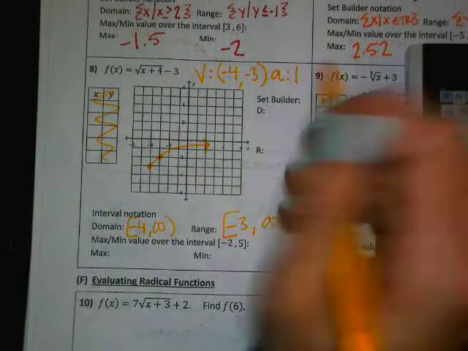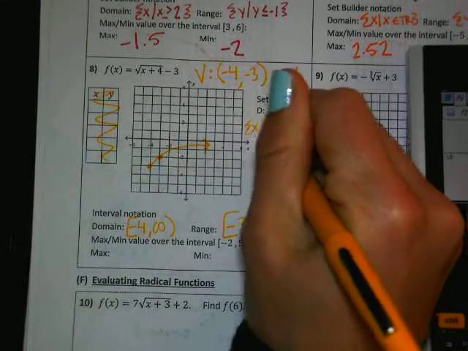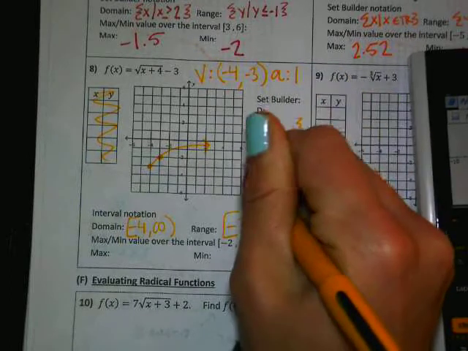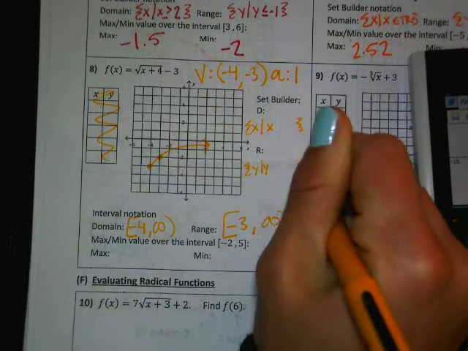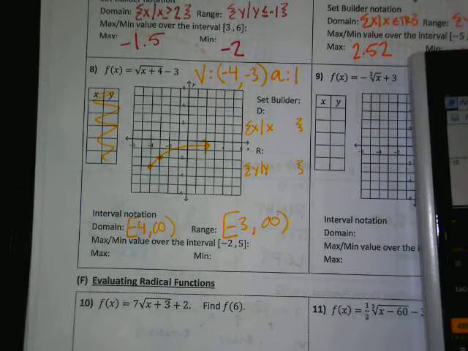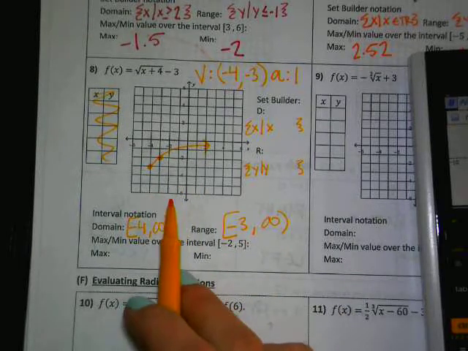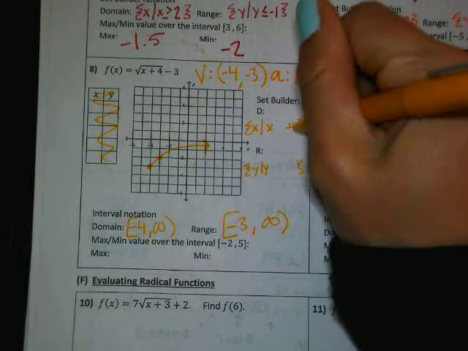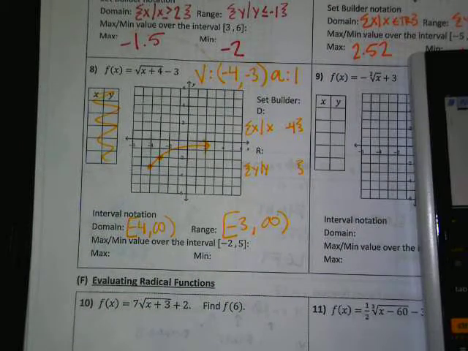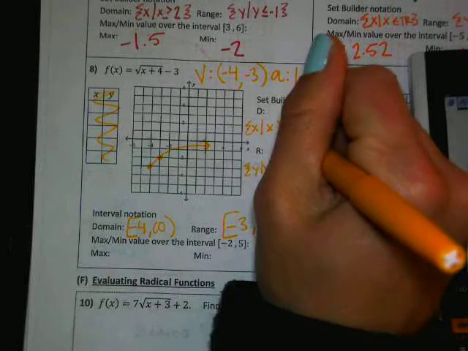Okay, for set builder, for the domain, I'm going to have x, bar, x. For the range, y, bar, y. All right, Bonnie, on the x-axis, where am I stopping? Where does my graph stop? -4. And are you using the values greater than -4 or less than? Greater than.